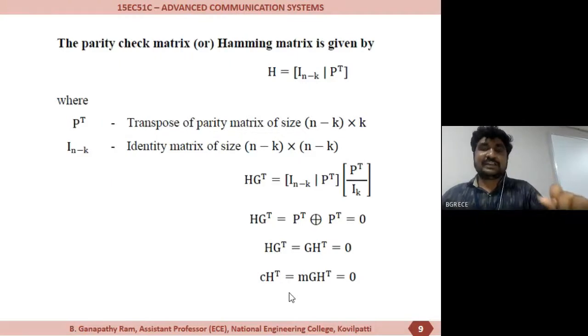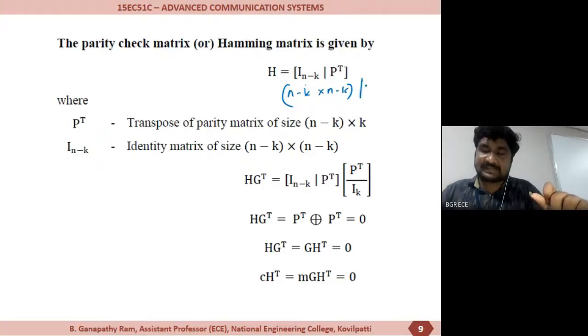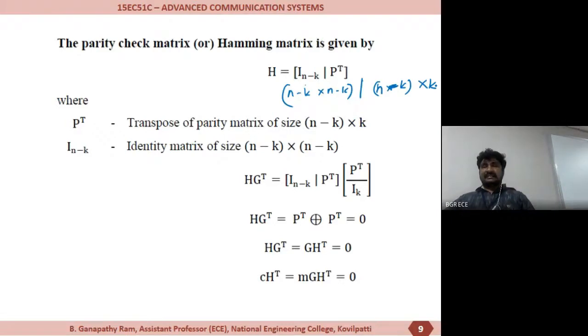For that, we use a parity check matrix or Hamming matrix, which can be represented as the combination of an identity matrix I of size n minus k cross n minus k and the transpose of the parity matrix. The transpose of the parity matrix has size n minus k cross k, since the parity matrix has the size of k cross n minus k.